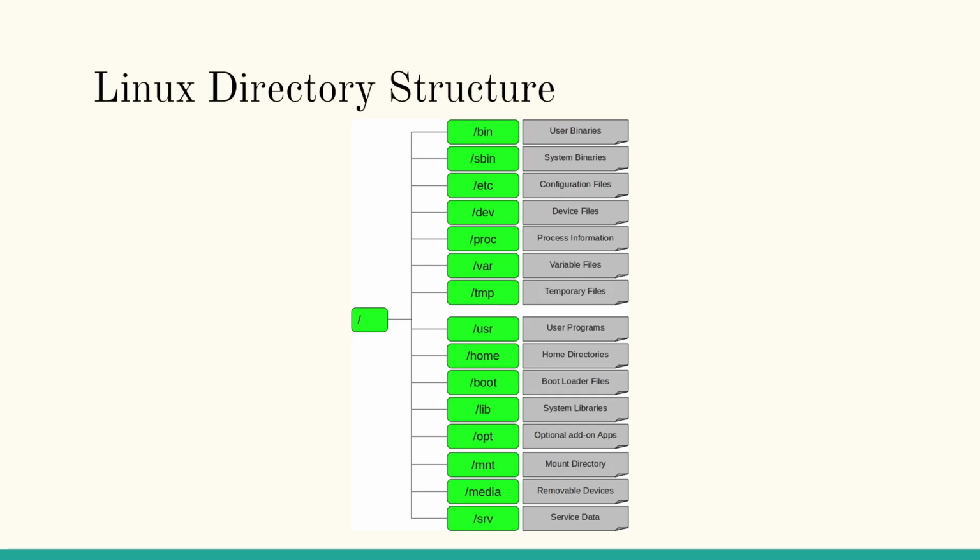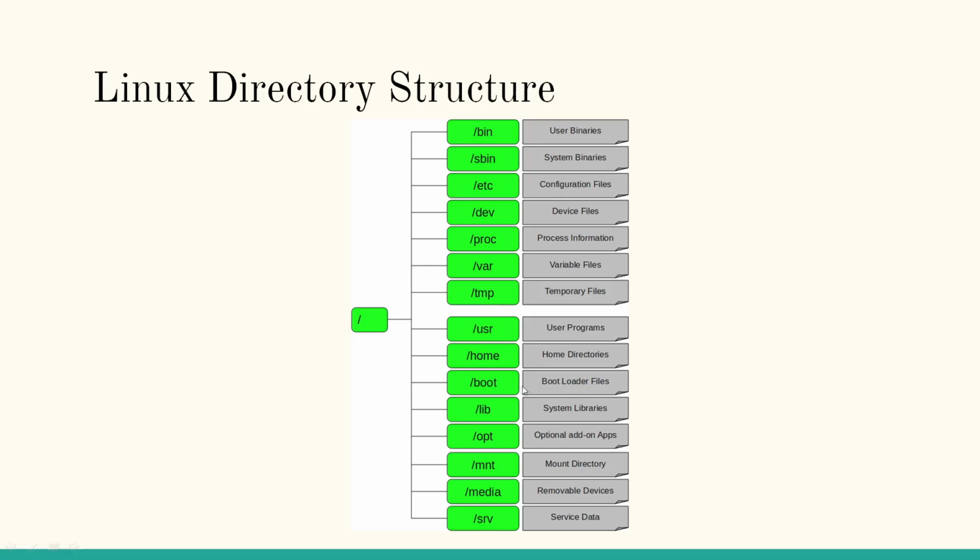No worries. We have the dev for device files. We have the proc for the process information. We have the var for the variable files. We have tmp for the temporary files, slash usr for user programs, and home for the home directories, the home directories of the users.